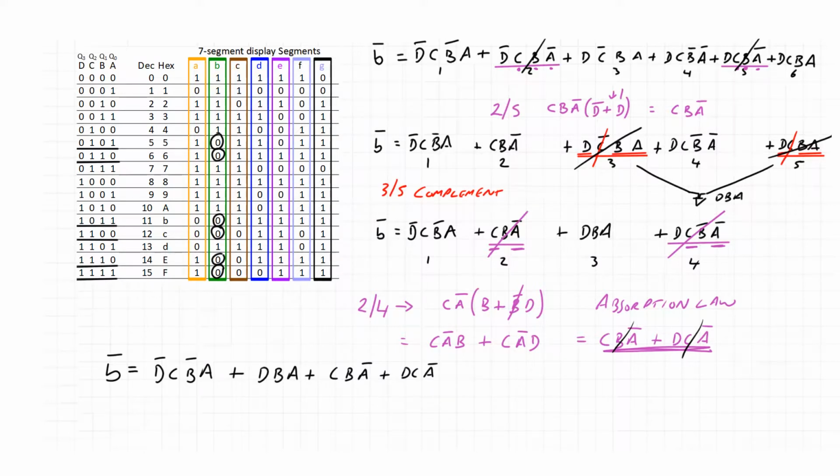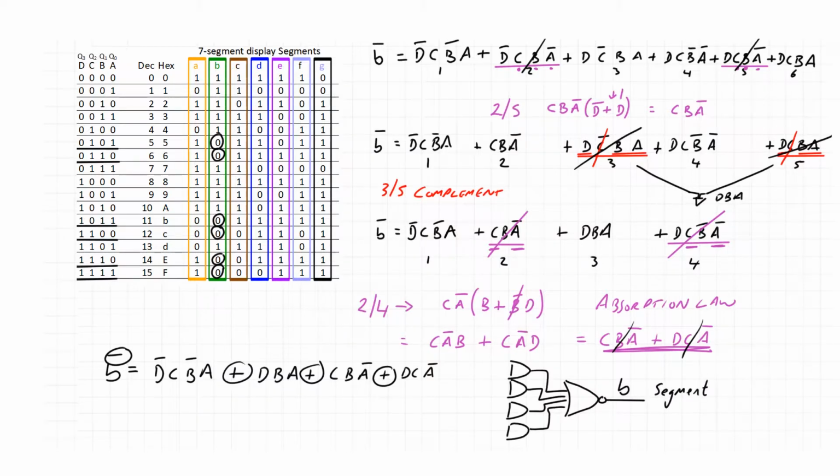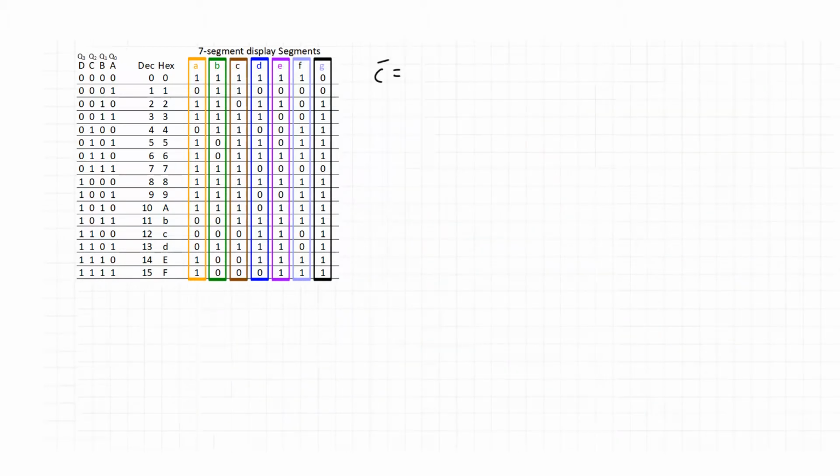And that is it for not B, because we don't have enough differences or similarities to use any more laws. So we're going to put those through a NOR gate and give us segment B.